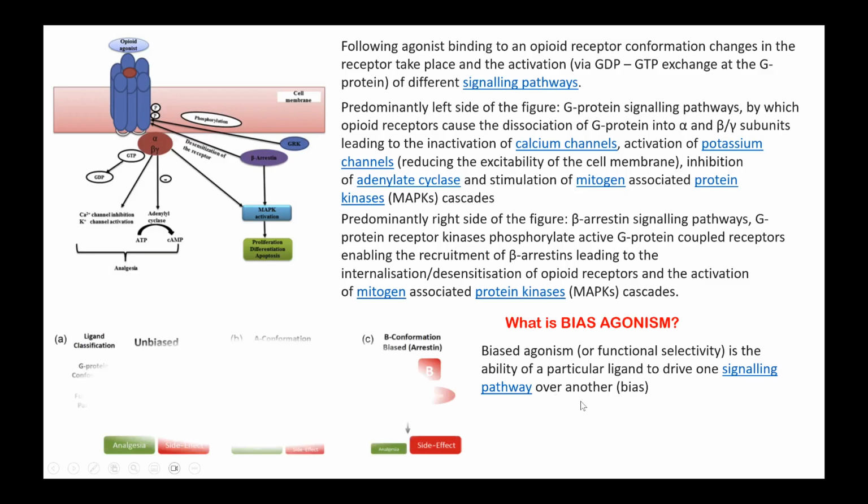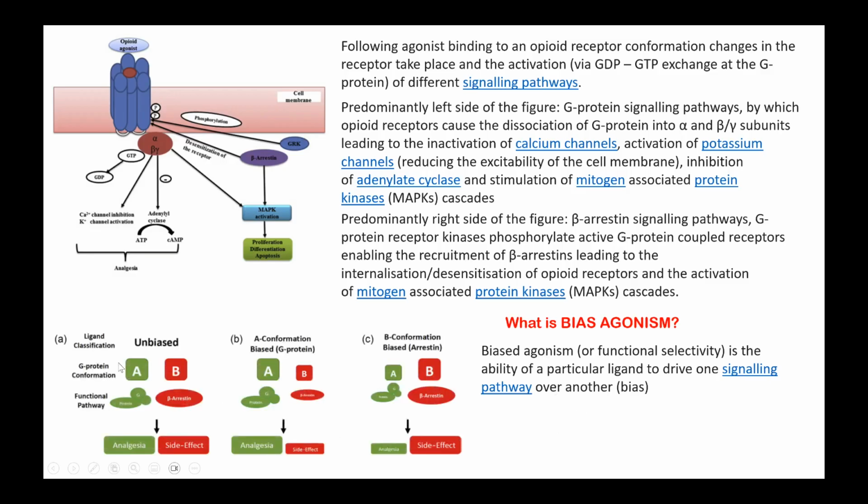And the importance of that is, this picture tells you the ligand classification and the two types of G protein conformation. One is A for analgesia, the other is B for beta arrestin. If a drug has equal effect on both, then it will have both analgesia as well as the side effects of the opioids.